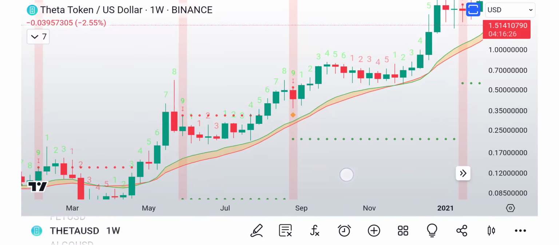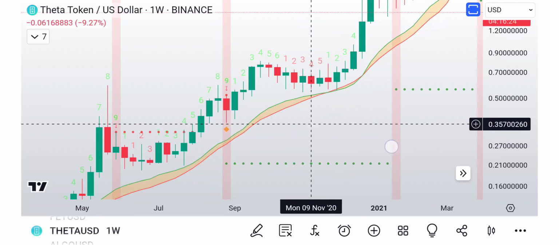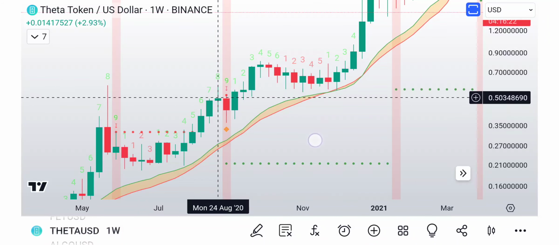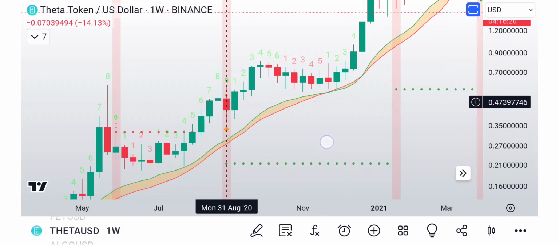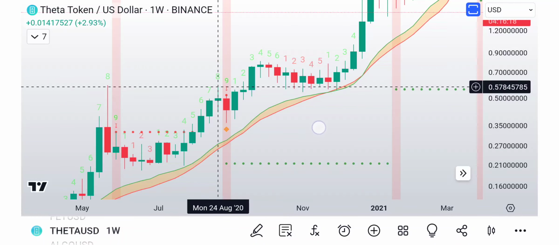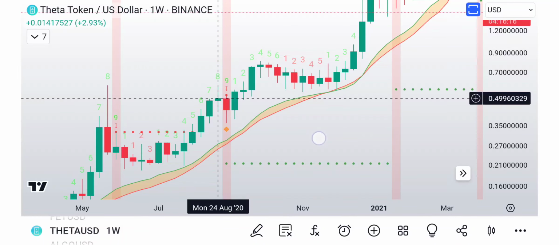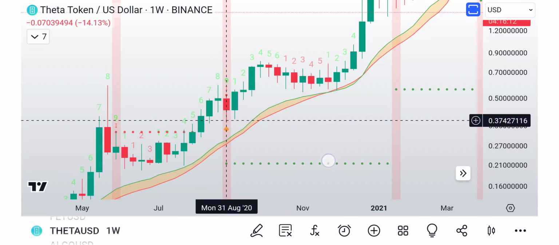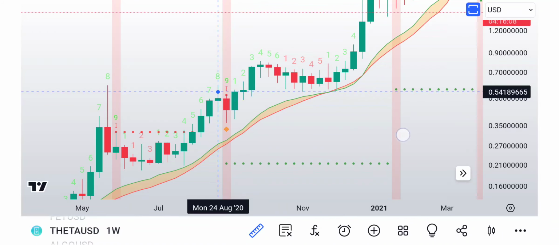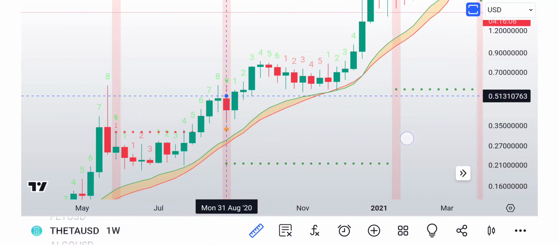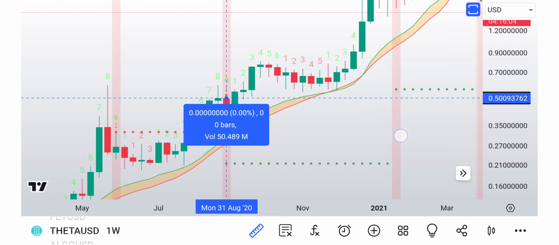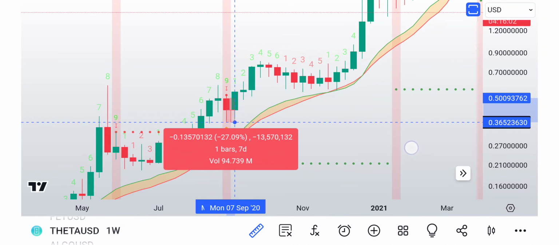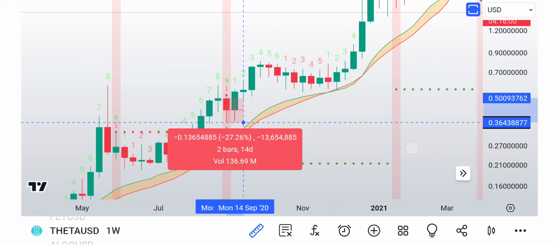Look at this. We had another 9, but we also had an 8 that was a doji. So that would have been a good area to take some profit here. On that doji, the close was about 49 cents. We ended up dipping all the way down to about 37 cents. You might look at it and go, that wasn't a good call, but it actually was. If I take it from the top to the bottom, that's actually a 27% move.